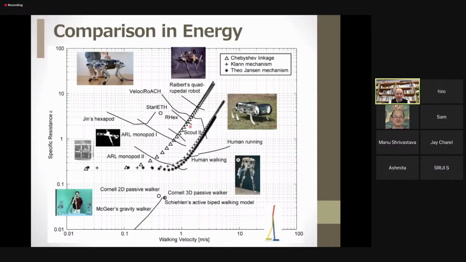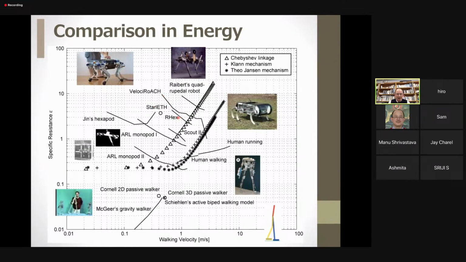Okay, this black line is a kind of energy consumption in the form of the specific resistance according to the working velocity. Their energy consumption is very high, and depends on speed, power.